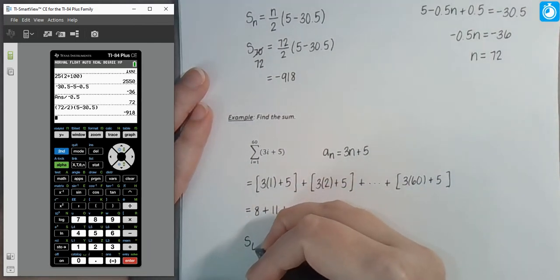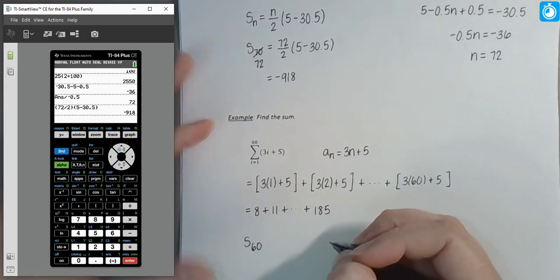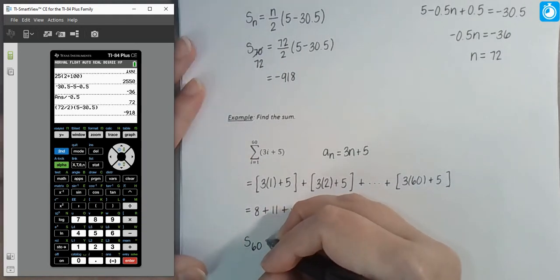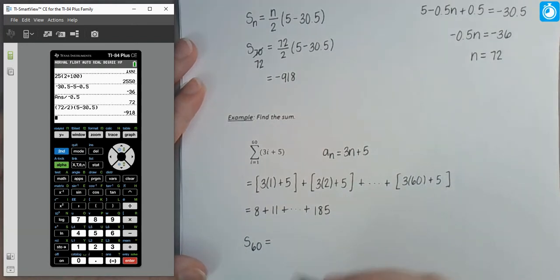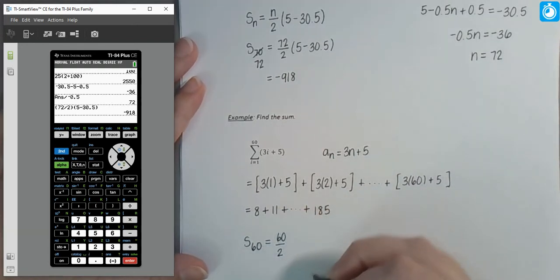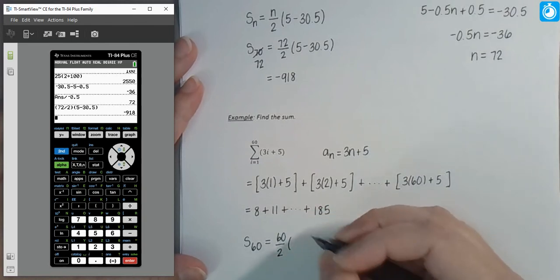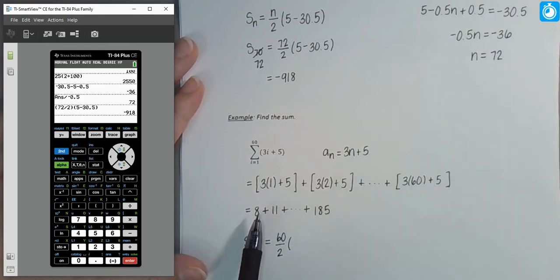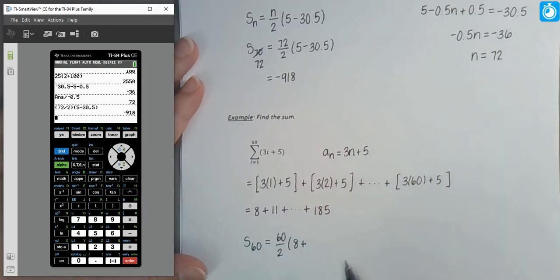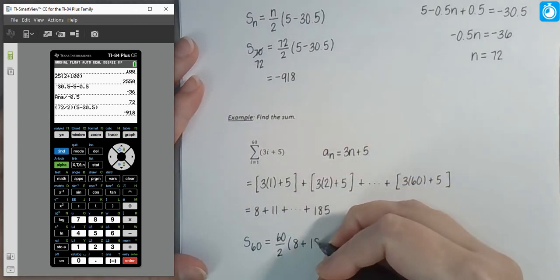What does this actually represent? This is the 60th partial sum. We're adding up the first 60 terms. And we know we have a formula for a partial sum. It's going to be n, which is 60 in this case, divided by 2, times our first term, which is 8, plus our nth term, in this case our 60th term, which is 185.